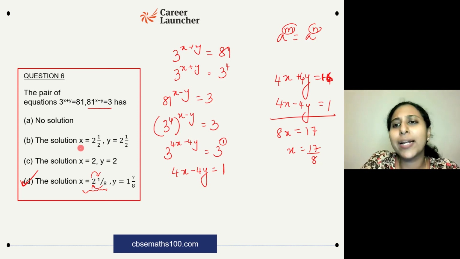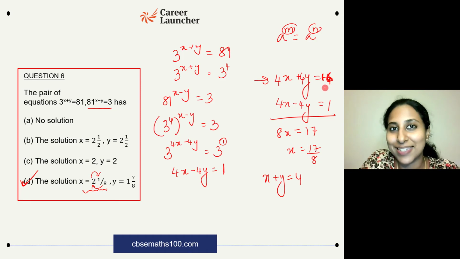If you want to go ahead and solve for y to confirm, maybe it would be easier to use the equation x plus y is equal to 4. We had got x plus y is 4 earlier, which I changed to 4x plus 4y equals 16 here. Here, when I substitute, I have 17 by 8 plus y is 4.